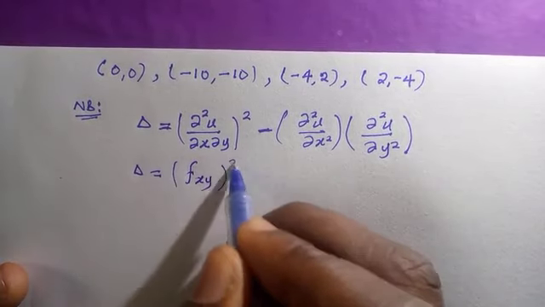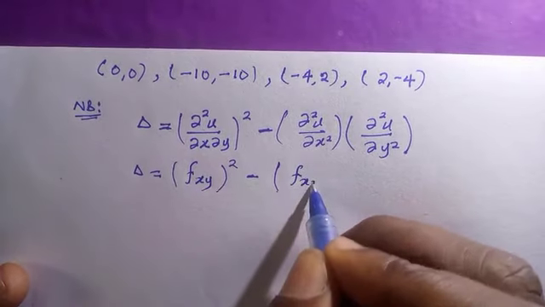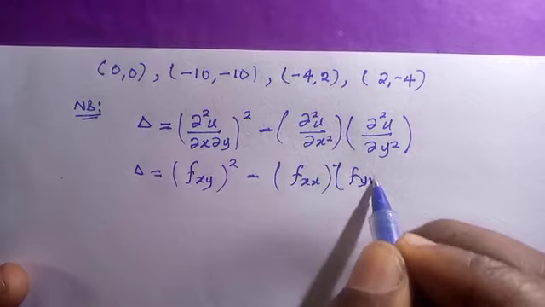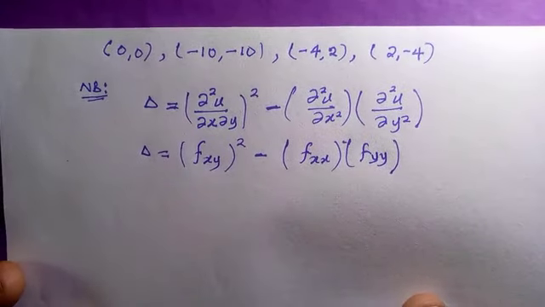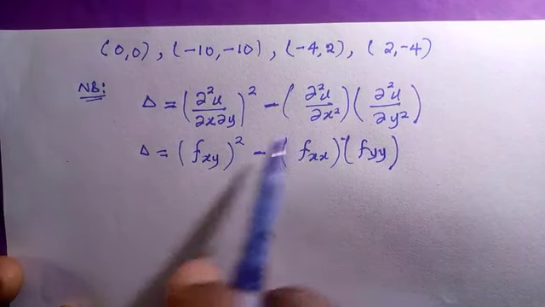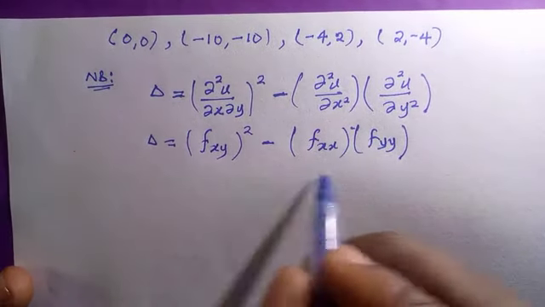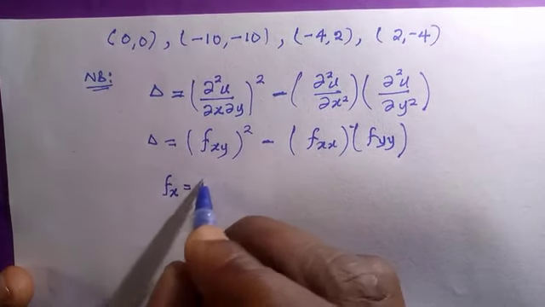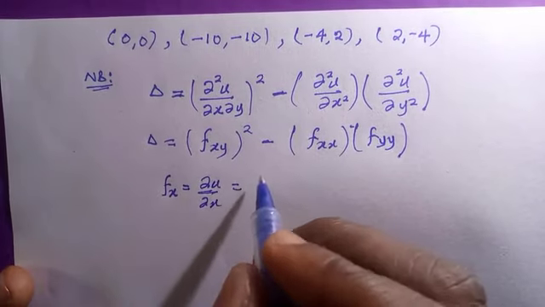So we know that this ∂²u over ∂x∂y is just like fxy, and this ∂²u over ∂x² is fxx, and ∂²u over ∂y² is fyy. But in the previous one, I let everything to be equals to u, just for the shortcut sake, or for easy sake for me. And here we have fx is still the ∂u over ∂x.